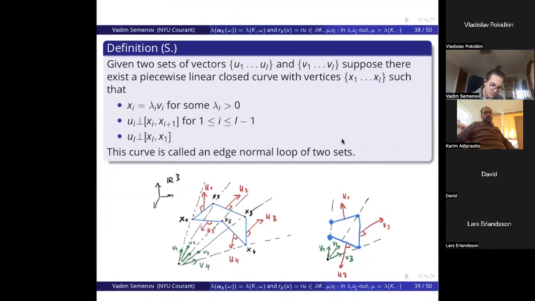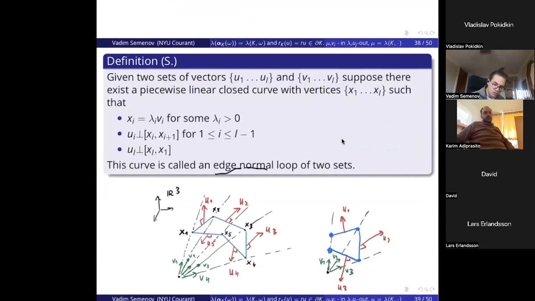And this is what we define as an edge normal loop of two sets. So if you have a set of points on the sphere, and another set of points on the sphere. Imagine this is my one set of points, V1, V2, V3, V4. You draw some radial directions on these vectors.